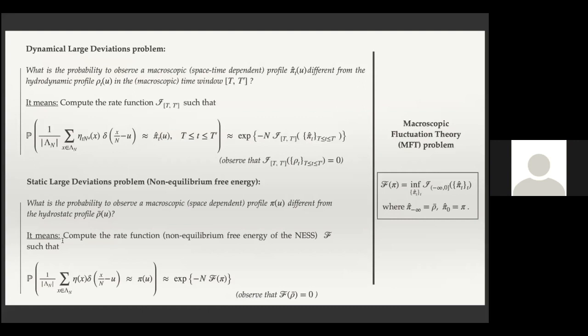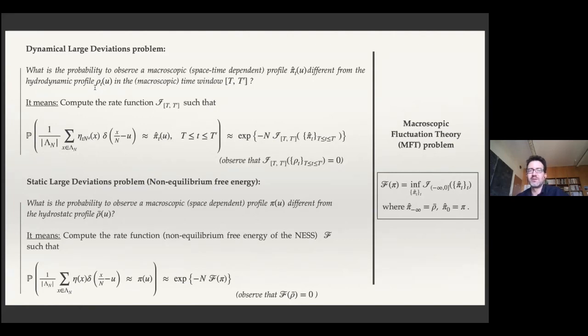And so in the macroscopic fluctuation theory, you have two distinct parts in order to develop it. The first part is what I call the dynamical large deviations problem. You know that in some suitable time scale, the typical profile is given by what I called previously rho_t(u), which is the solution of some PDE to determine.